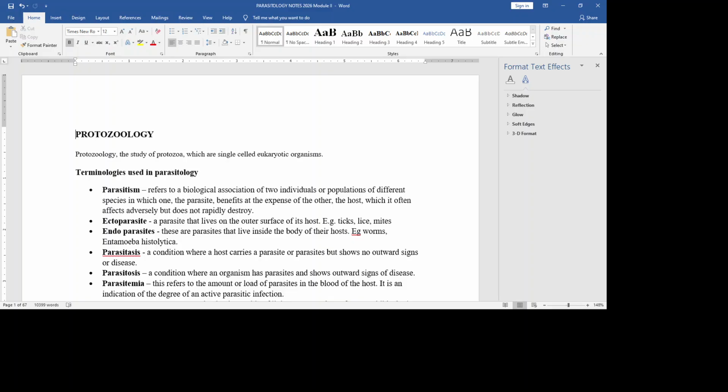The next terminology is ectoparasite. An ectoparasite is a parasite that lives on the surface of its host. Many of the times we see ticks on livestock, lice on our bodies, mites on chicken and other livestock.